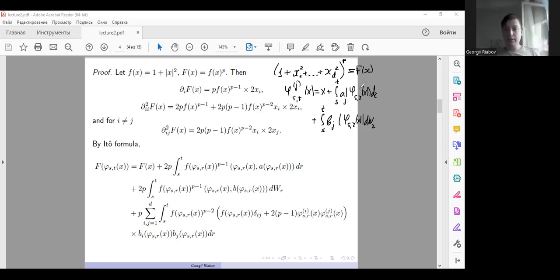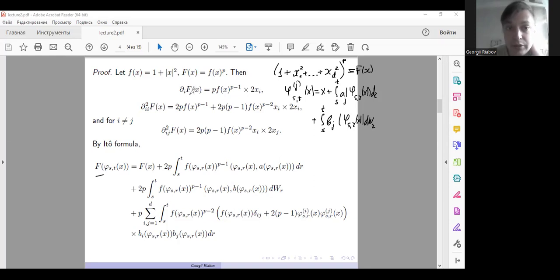Okay, and according to the Ito lemma, to represent F as the combination of integrals, we need to compute first two partial derivatives of F. So here they are computed.